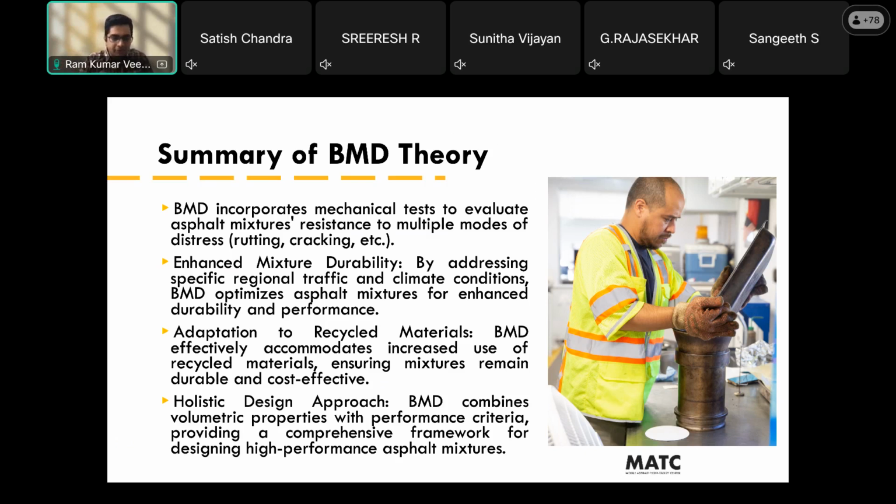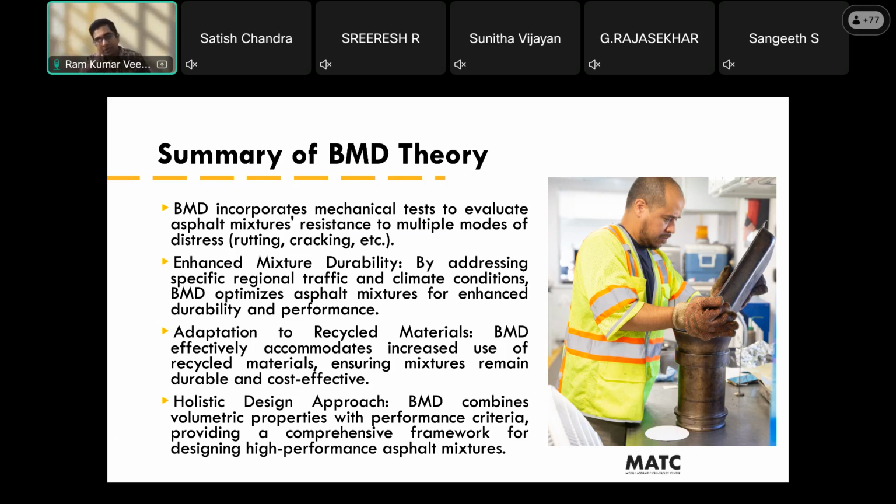And BMD effectively accommodates the increased use of recycled materials such as RAP, RAS, plastics, fibers, etc. So this ensures that mixtures remain durable and cost-effective while promoting sustainability. And BMD combines volumetric properties with performance criteria, providing a comprehensive framework for designing high-performance asphalt mixtures.